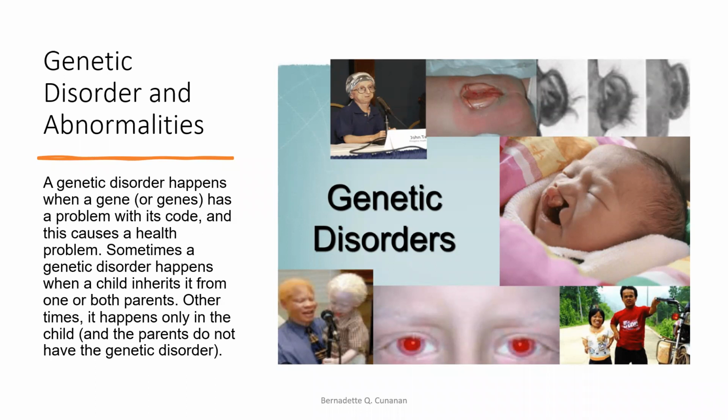Now, dominant diseases, guys, can be caused by only one copy of a gene with a DNA mutation. So if one parent has the disease, each child has a 50% chance of inheriting the mutated gene.